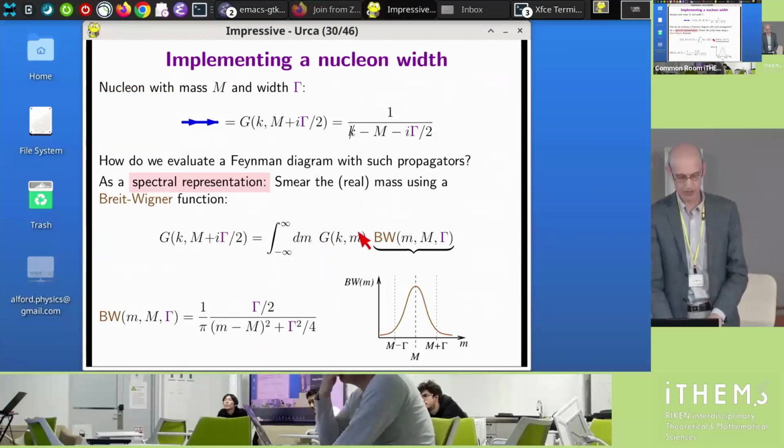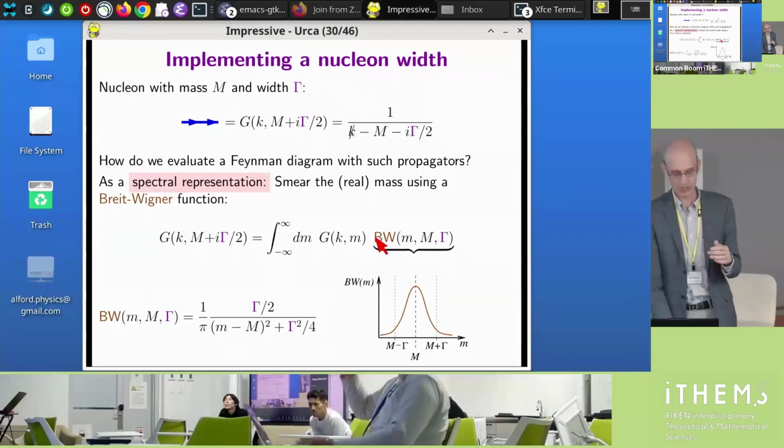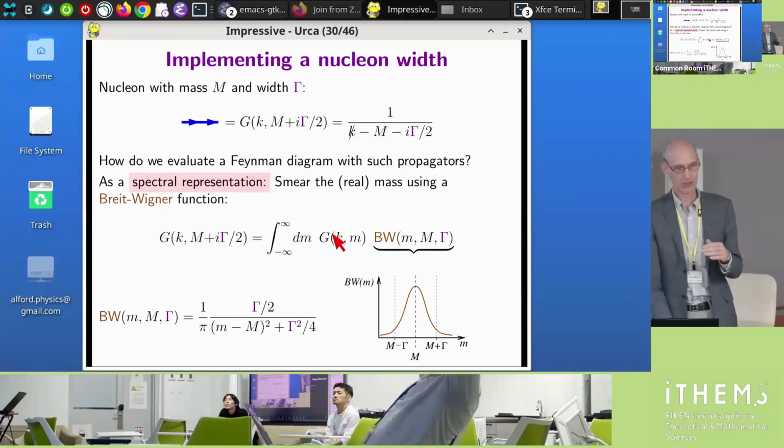This is just a mathematical fact: if you push the pole off the real axis in the complex plane, that's equivalent, looking on the real axis, to having a Breit-Wigner weighted function that extends off to plus and minus infinity. So it's just math.